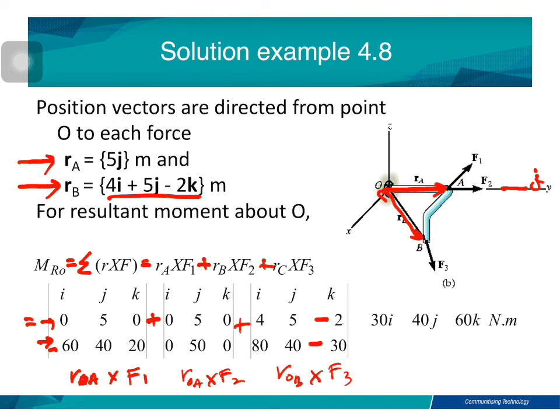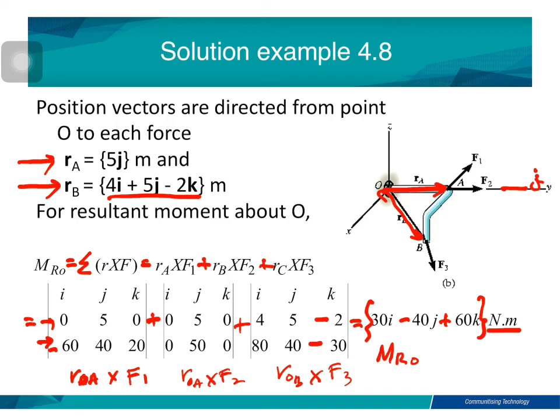Right, so you can solve. You may get the answer 30I minus 40J plus 60K, and then don't forget the unit Newton meter. So now this is the vector for the moment resultant.